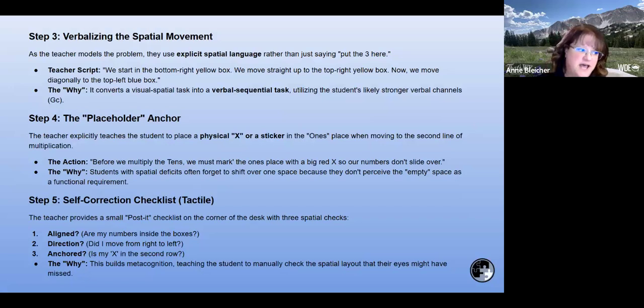In step 5, it's a self-correction checklist, and this is a great skill to teach students so that they have a way to check what they just did. It also builds metacognition. It teaches students how to check spatial accuracy rather than relying on just what it looks like to them. So it's specially designed instruction because it changes how the task is structured so that students can access it accurately.